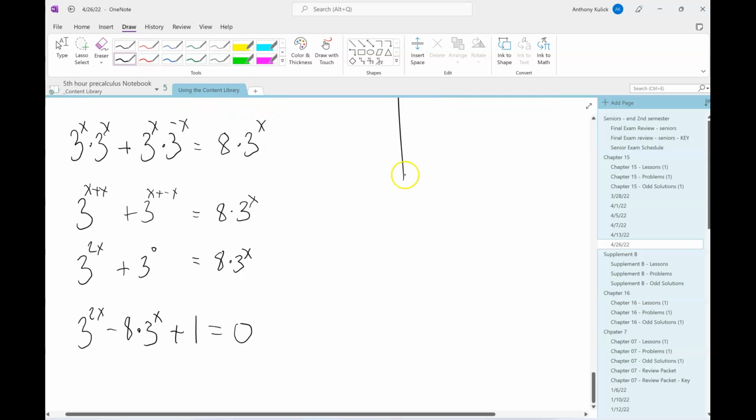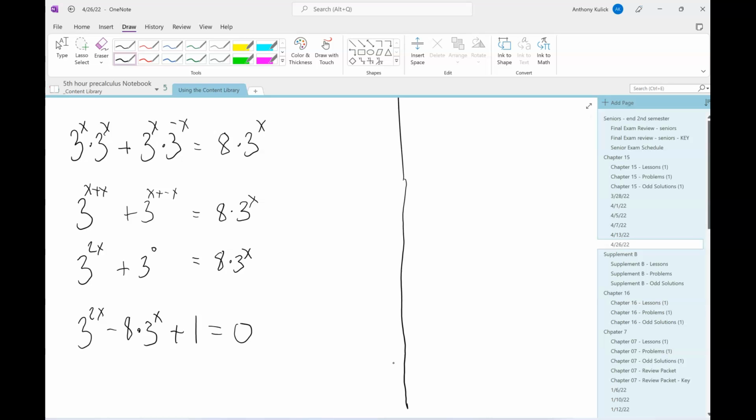And hopefully, if I prompt you and ask you the right question here, this is going to remind you of something else. What kind of an equation have we solved before that has like 3 things added or subtracted from each other? We would have solved them all the time last year.